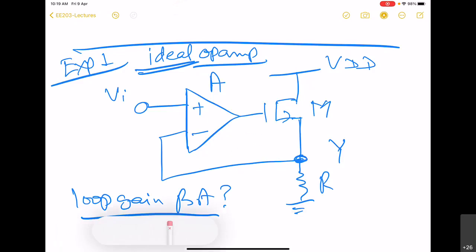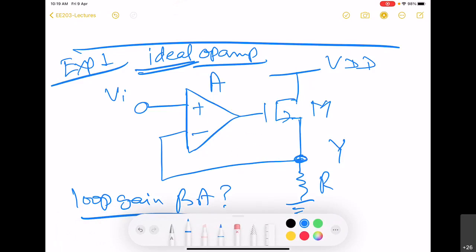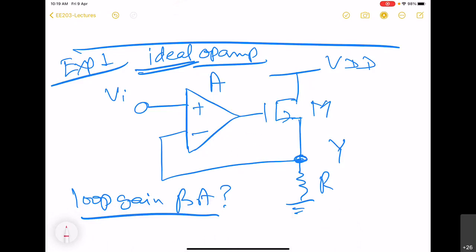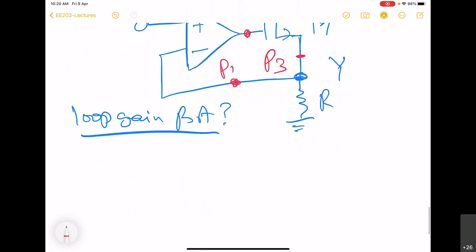Now you can see that there are actually 3 points where this loop can be broken, say here P1, here P2, or here P3. We can break the loop at any of these 3 points, and let us first try to break at P1.